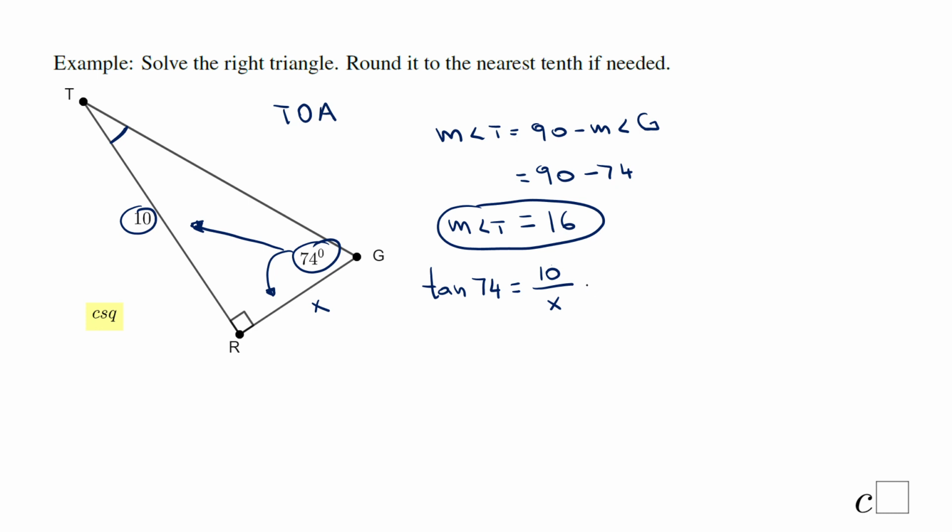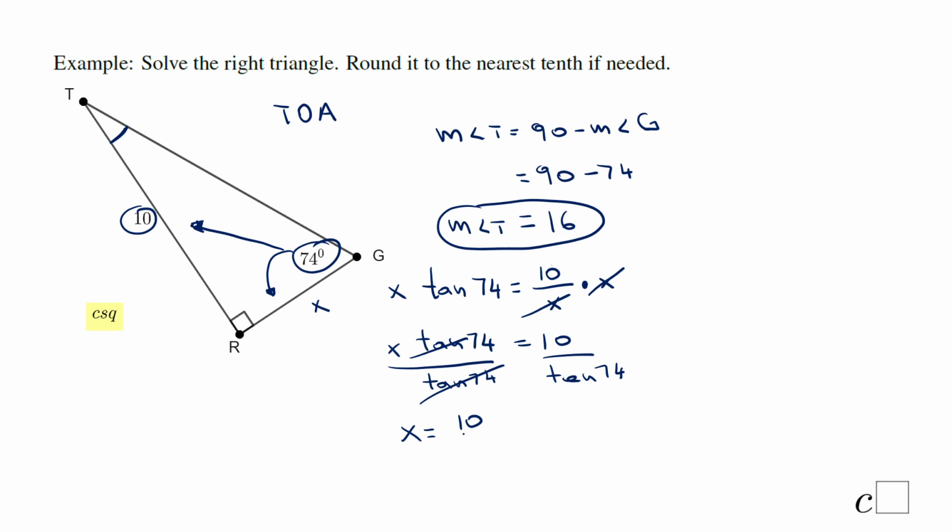I'm going to solve for x here, so I'm going to multiply by x like we did in the previous problems. I have x tangent of 74 equals 10. I'm going to divide by tangent of 74. And this is the exact answer for RG or x.